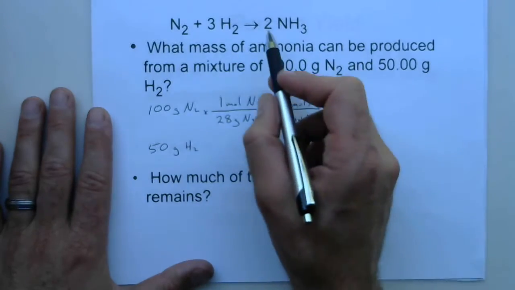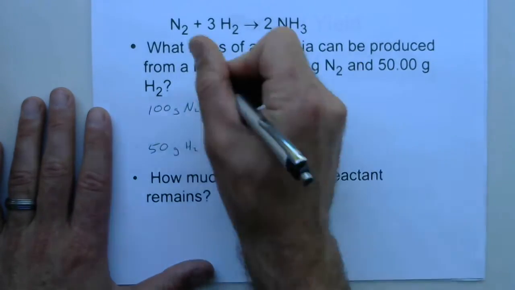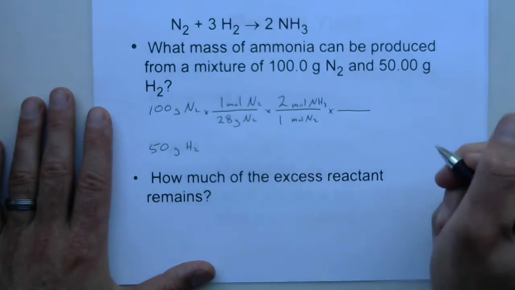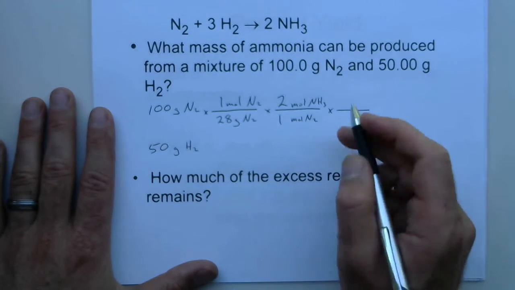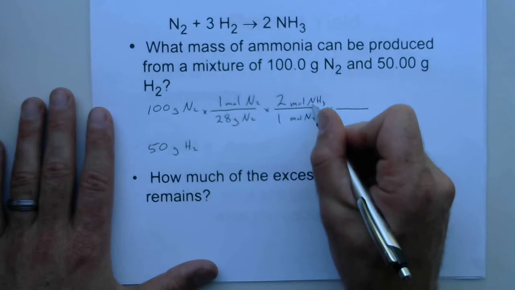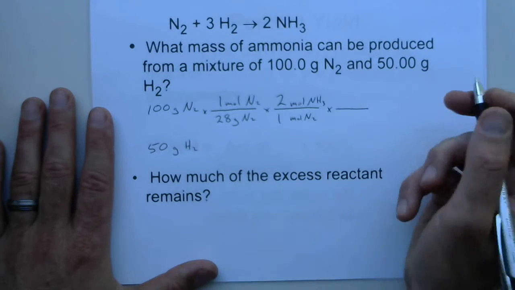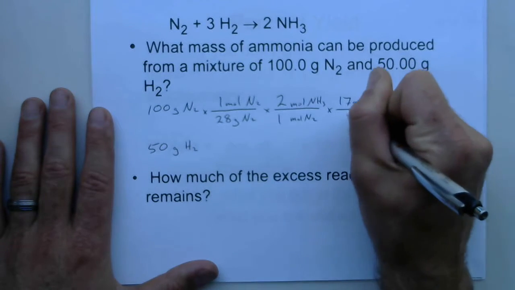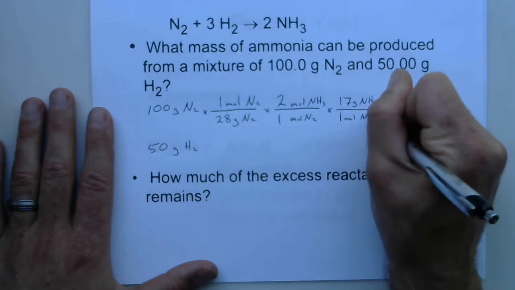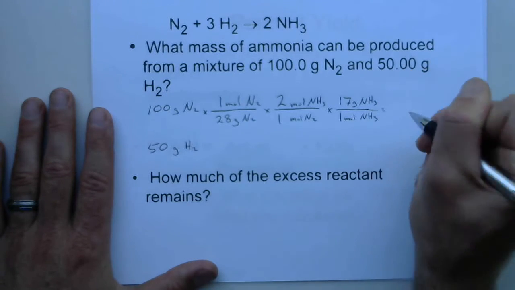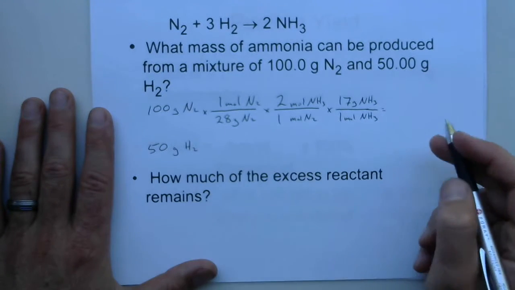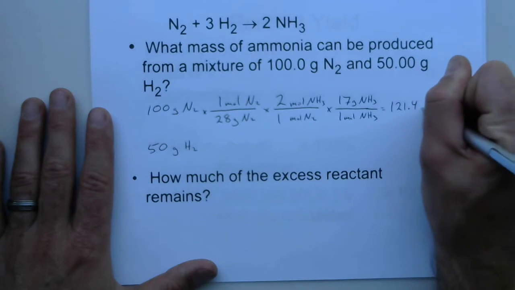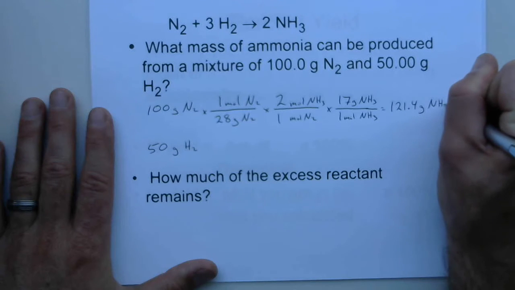The ratio between these is 2 moles of ammonia for every 1 mole of nitrogen. And then we'll add up the molar mass of ammonia. So 14 for the nitrogen, plus 3 times 1 for the hydrogens, so that's 17 grams of NH3 for every 1 mole of NH3. And so with that nitrogen, we have enough nitrogen to make 121.4 grams of ammonia. Okay?